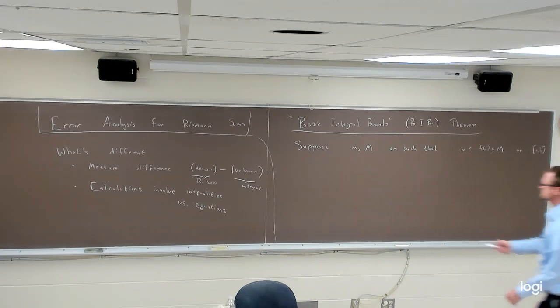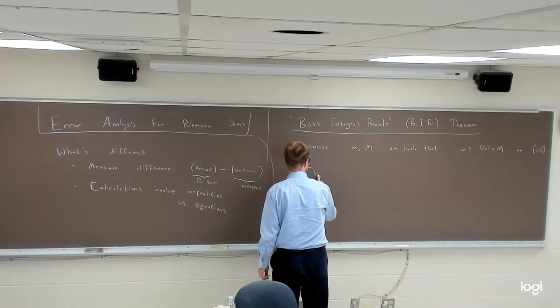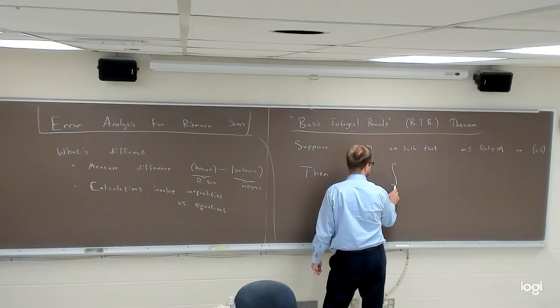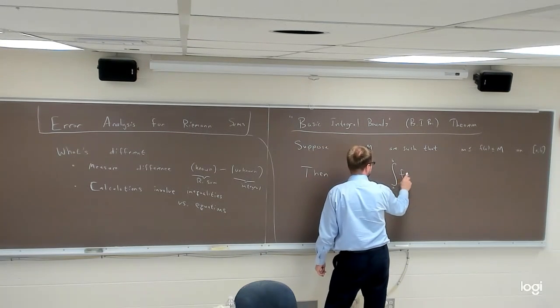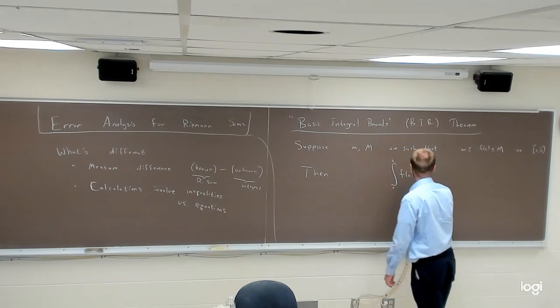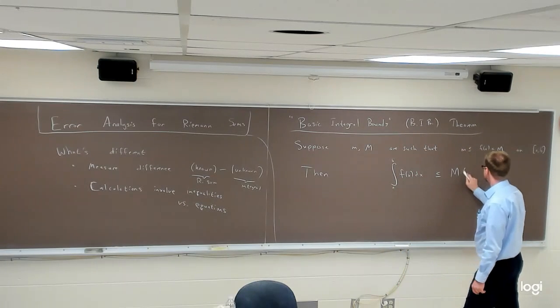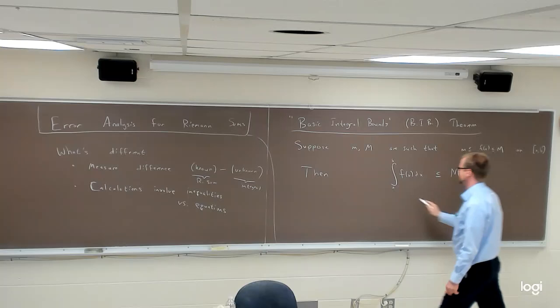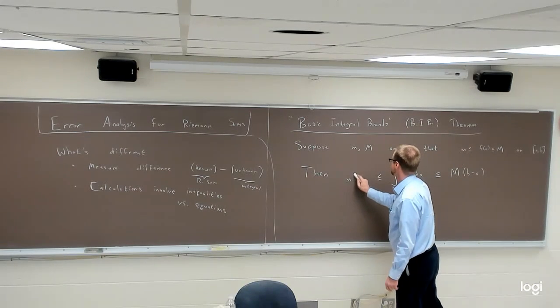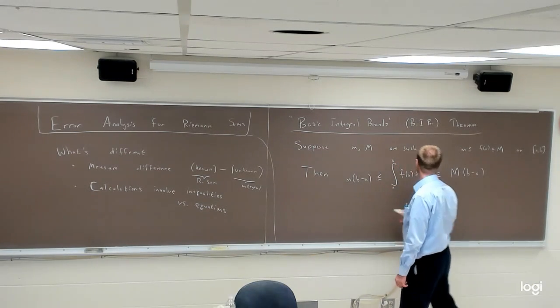Then the theorem says the integral from a to b is between m times b minus a and capital M times b minus a.